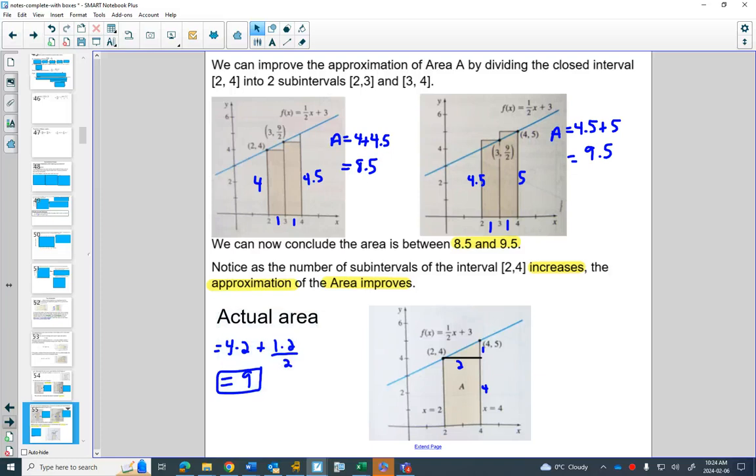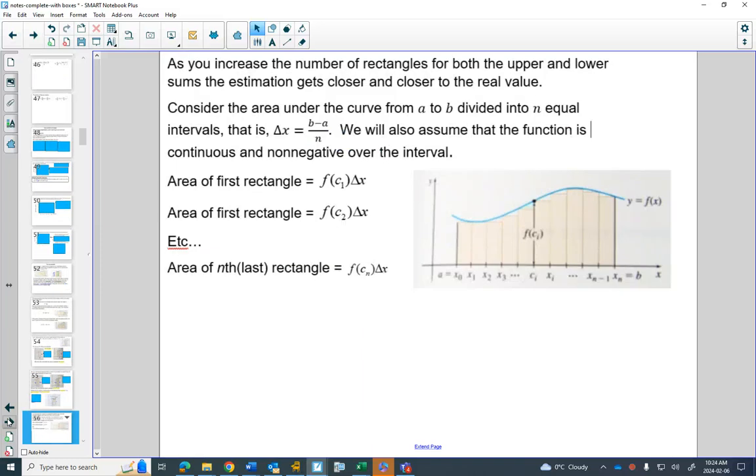And of course, we already figured this out, that the actual area, if you broke it up into a triangle and a rectangle, we could figure out that it's 9. So the idea is, if we increase the number of rectangles, both for upper and lower, then it gets closer and closer to the real value.